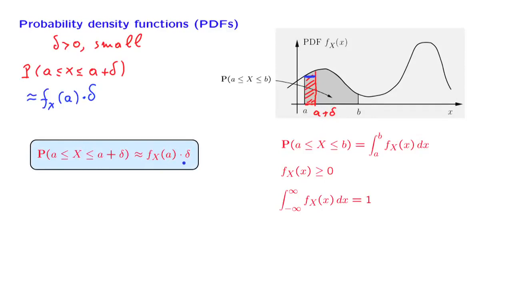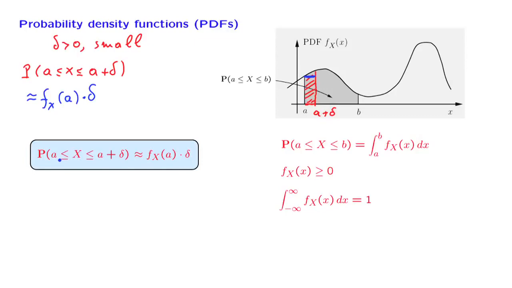If we take this factor of delta and send it to the other side in this approximate equality, we see that the value of the PDF can be interpreted as probability per unit length. So PDFs are not probabilities, they are densities. Their units are probability per unit length. Now, if the probability per unit length is finite and the length delta is sent to 0, we will get 0 probability.